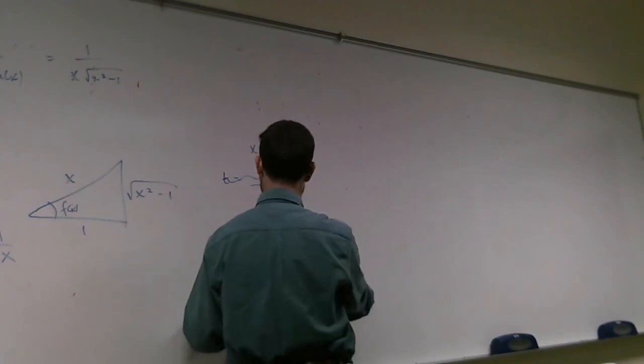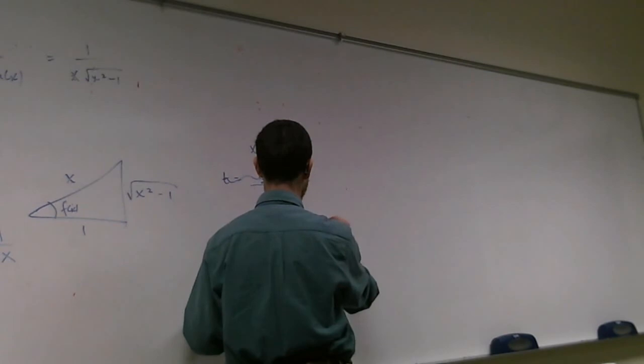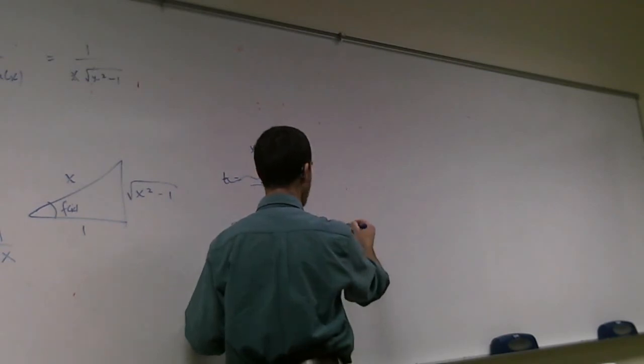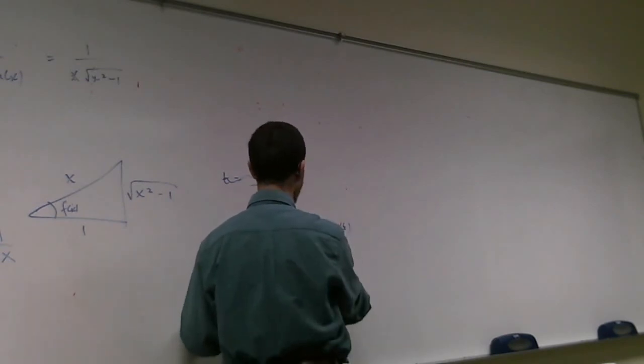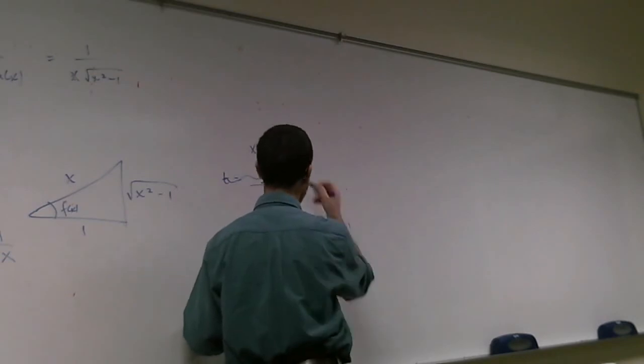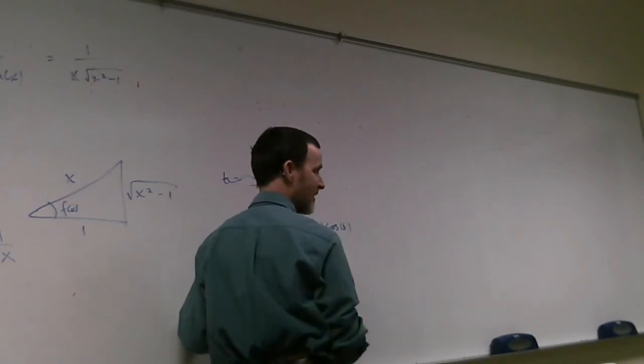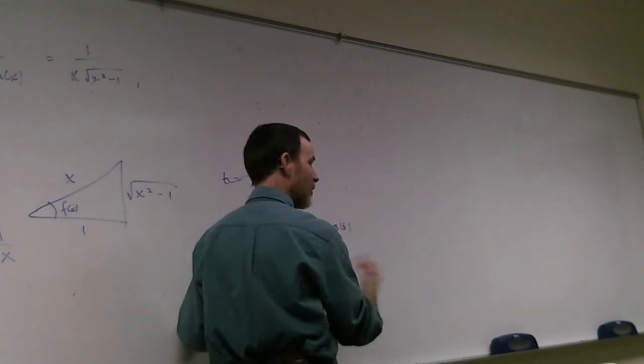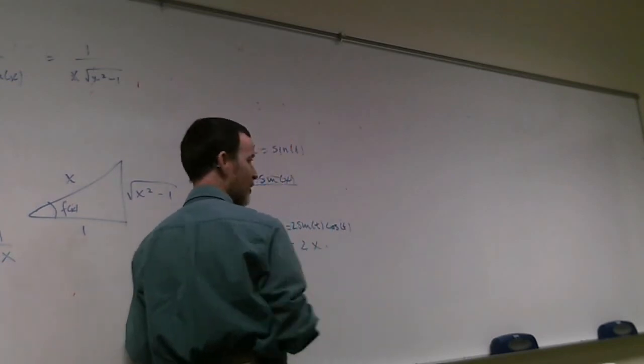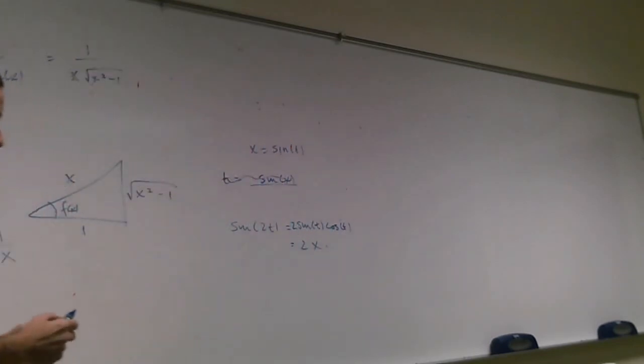But if you wrote this as sine 2t, which is 2 sine t cos t, now you know sine t is x, and you can use the triangle to figure out what cos t is. So it's only if you change the variable that you end up having to use that double angle. That's right.